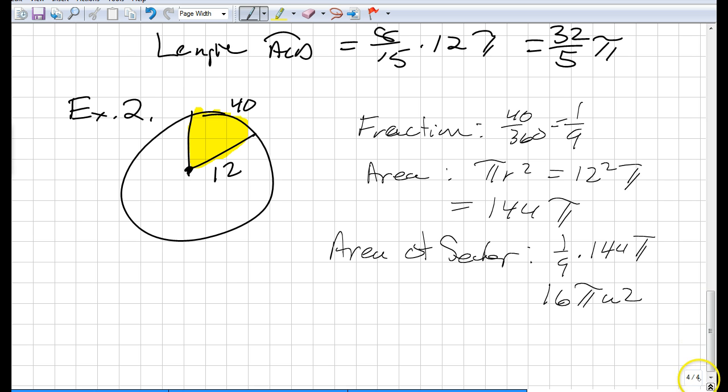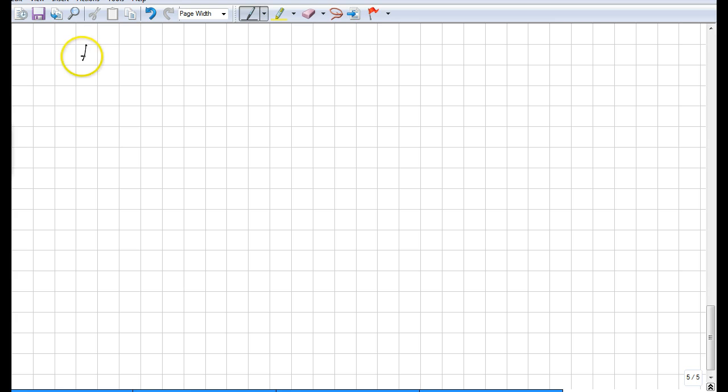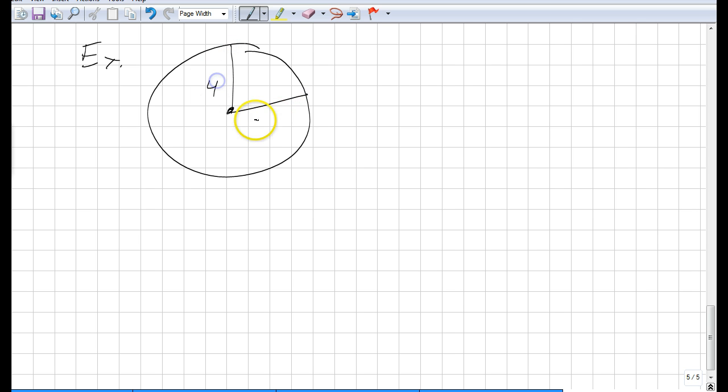All right, and one last example, example 3. We have this picture, we have this circle of radius 4, and this arc is 90 degrees. And what I want is the area of that region.